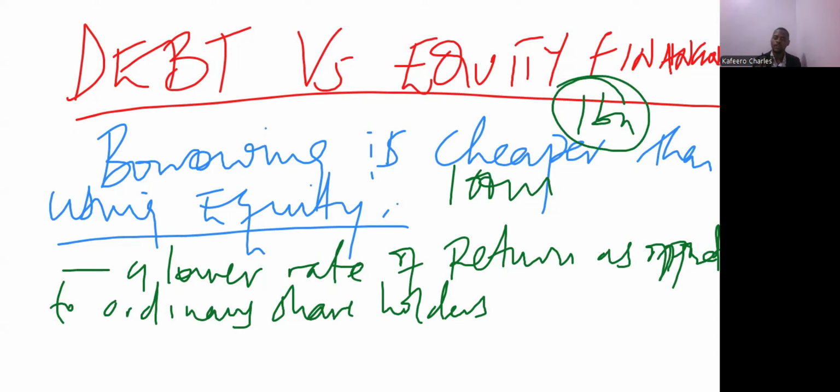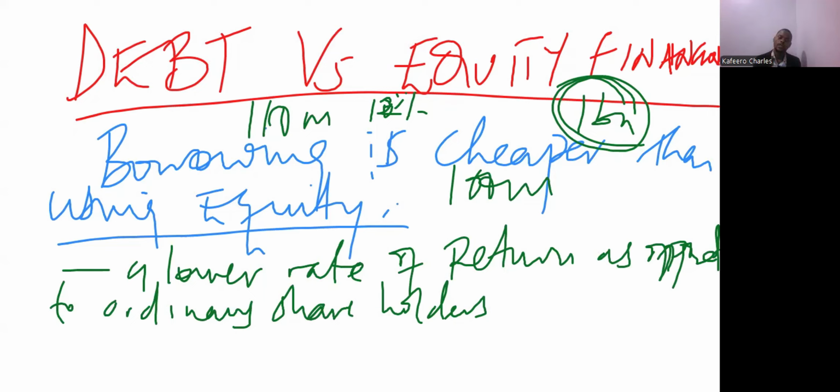But if the lender gave you 100 million and you are supposed to pay 10% or 2%, whichever interest rate you agreed on, then on the 100 million, even if you have made a profit of 1 billion, you will still pay 110 million. You pay the principal plus the interest, if at all you are going to be paying it in 1 year.